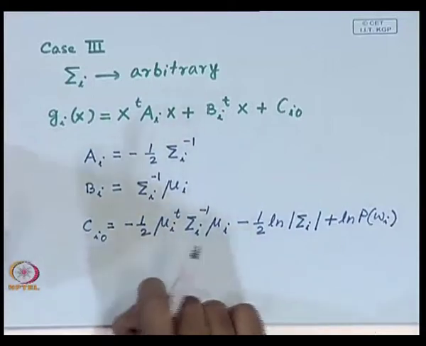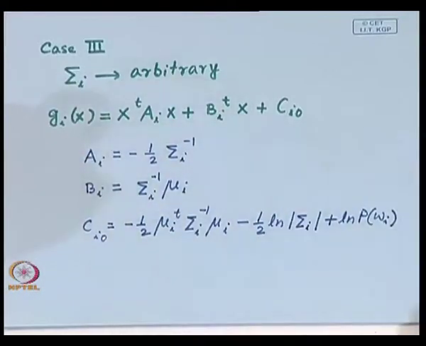So, you find that in the earlier cases we could remove the quadratic terms, that is, the term involving x transpose x, because x transpose x does not give you any discriminating power.